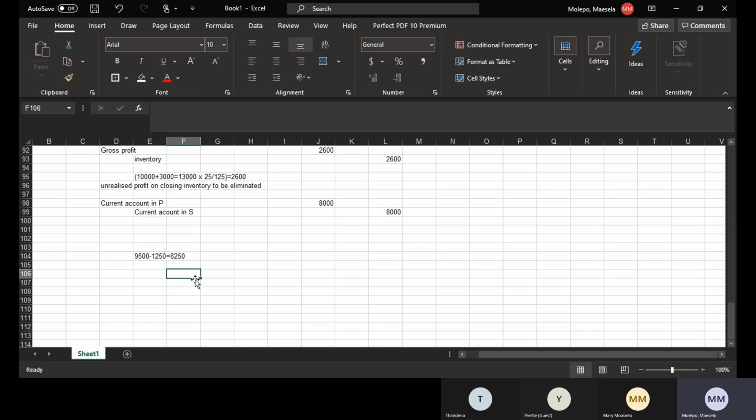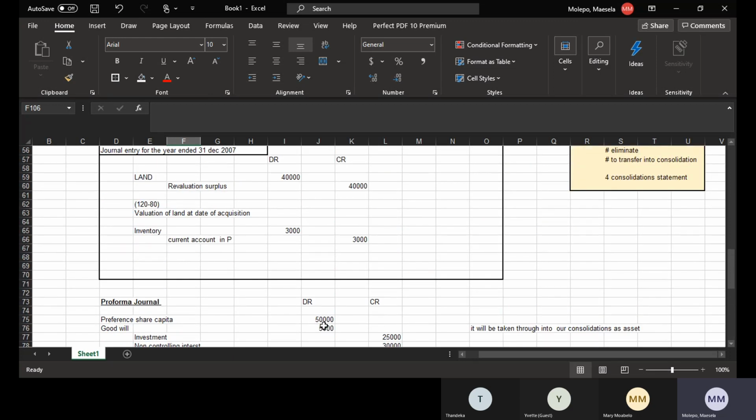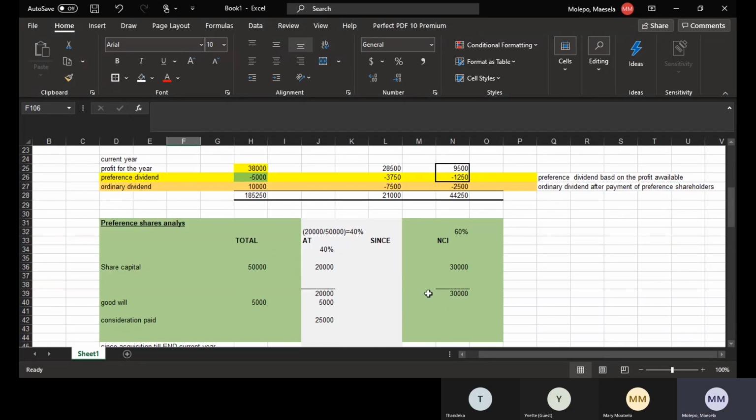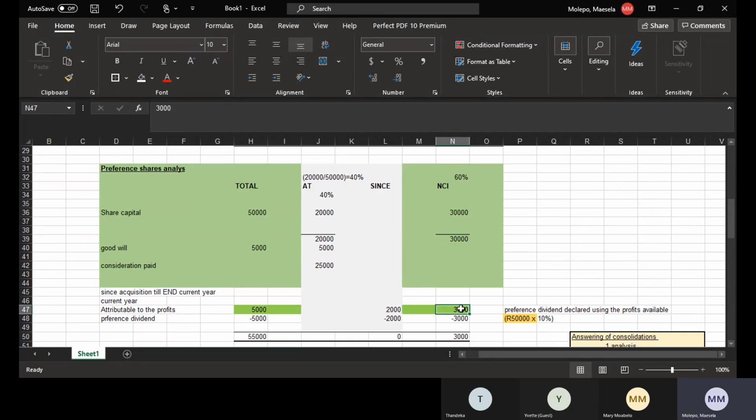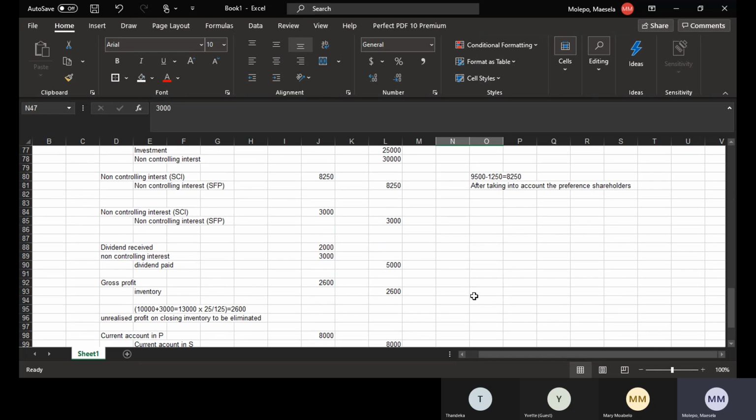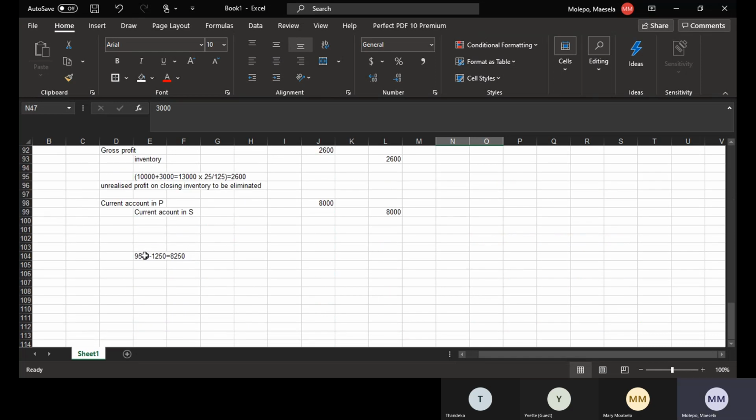Then you come back. Now you have the 3,000. The 3,000 comes as a result of the attributable profit, the one on the analysis of shareholders of the preference shares. So now you're gonna say plus the 3,000 here, which now equals 11,250.